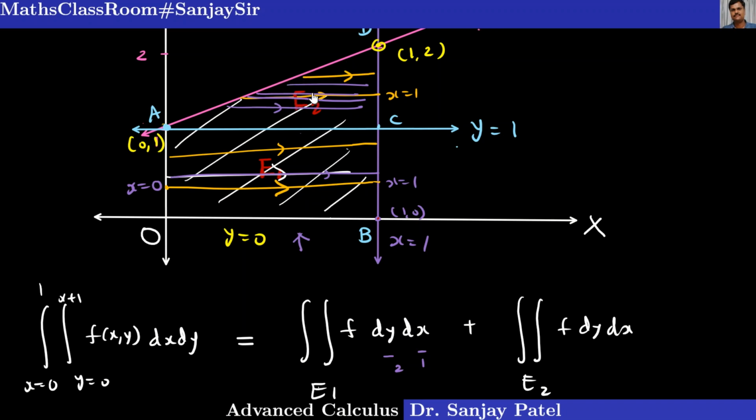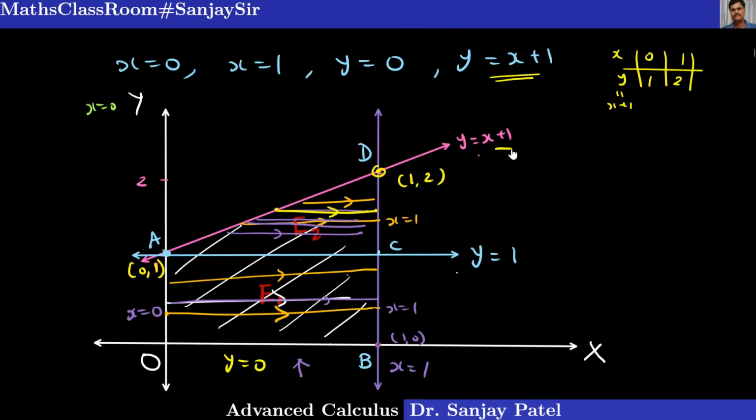In this region E2, if we take an arbitrary strip, then the left hand curve is given by this pink line, and the right hand curve is given by this blue line. The equation y is equal to x plus 1, I can write as x as a function of y: x is equal to y minus 1. So this line is x equal to y minus 1, that is phi of y, and the right hand curve, x equal to 1, is given by psi y.